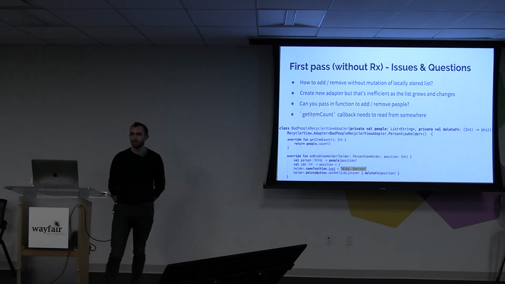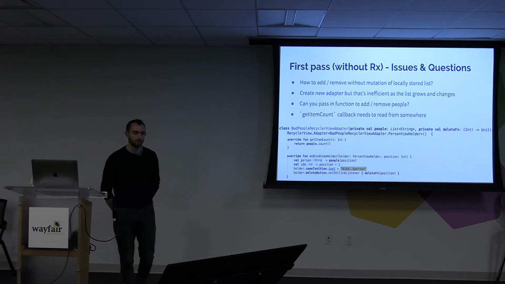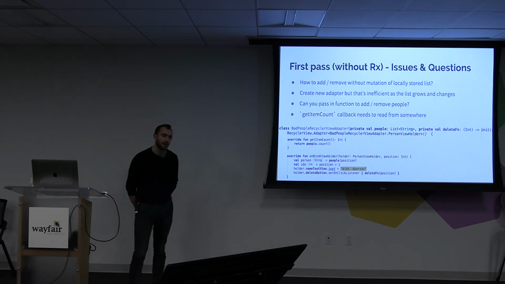So I came to these questions. How can we add and remove people from a locally stored list without mutating this list at all? We can create a new adapter, but like we said, that defeats the purpose. I came across this idea where maybe I can pass in a function to add and remove, but that didn't really lead anywhere.